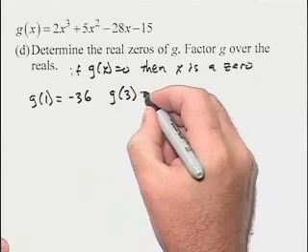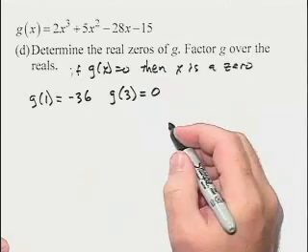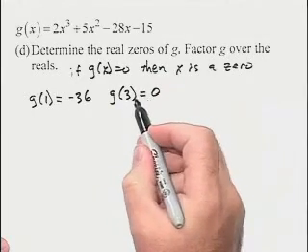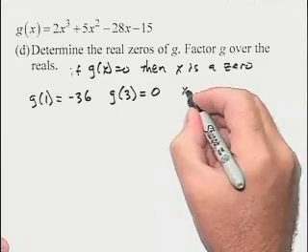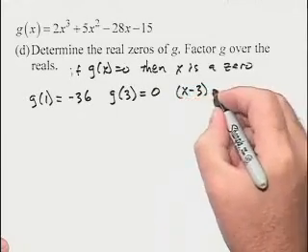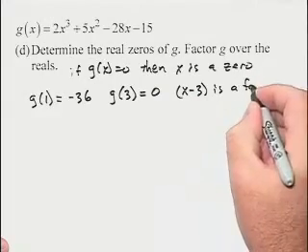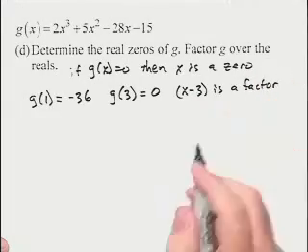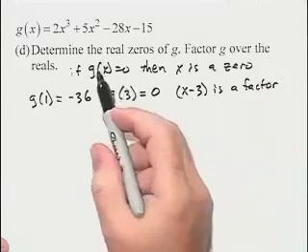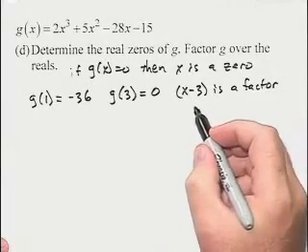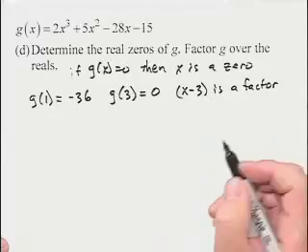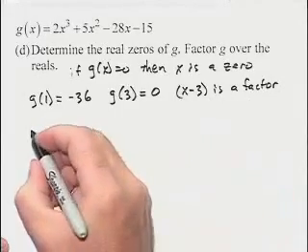We evaluate g of 3, we get 0. Since g of 3 equals 0, we know 3 is a zero of the function. Therefore, x minus 3 is a factor. We can divide g by x minus 3 and get a reduced polynomial. To do that, we need to use long division.